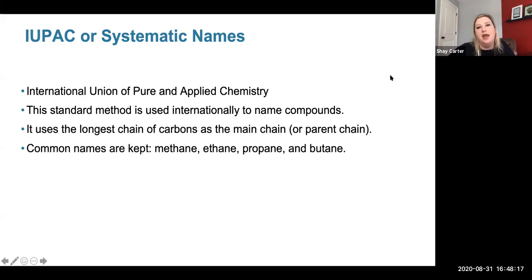So IUPAC and systematic names, the IUPAC name, okay, is the standard method that's used internationally to name compounds. It uses the longest chains of carbon as the main chain, and then a couple of common names are kept, like methane, ethane, propane, and butane.